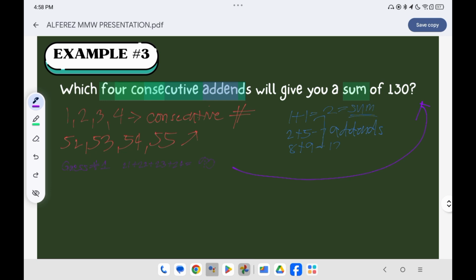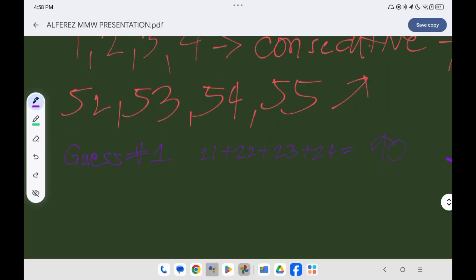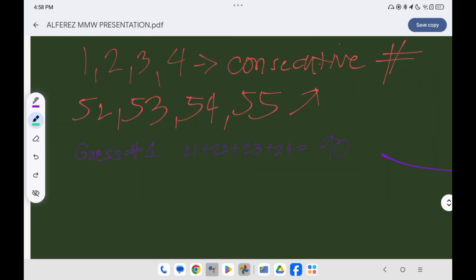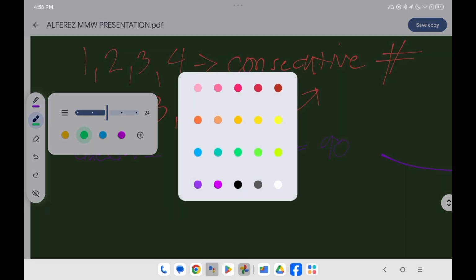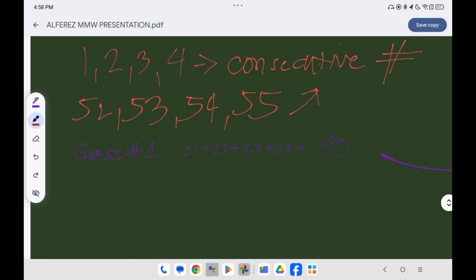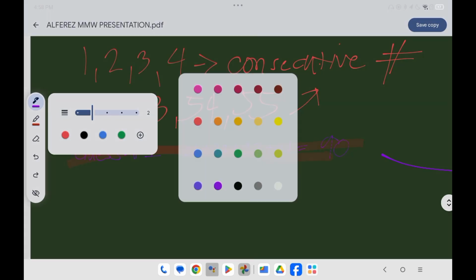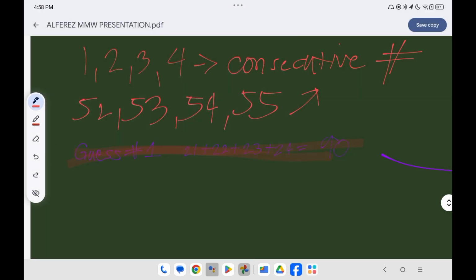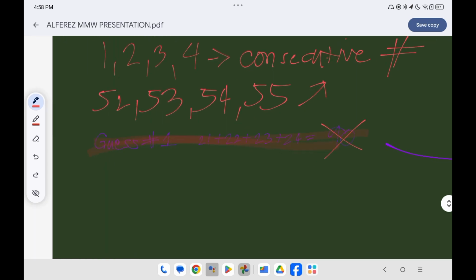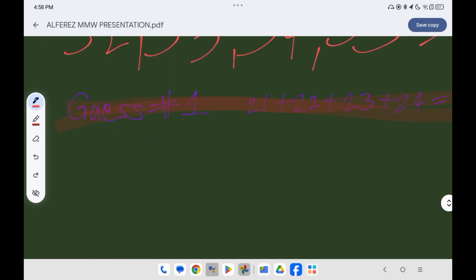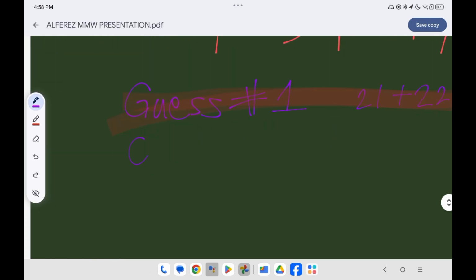Thus, we need to raise it. So guess number 1 is wrong. Let's try another option, guess number 2.